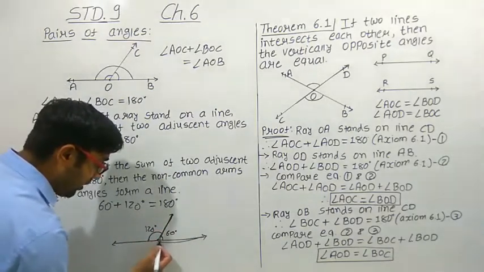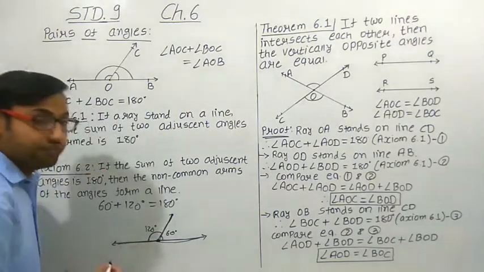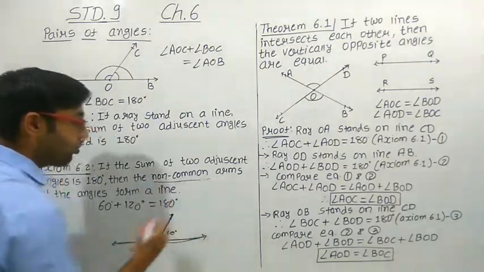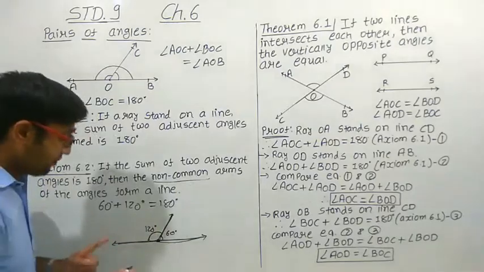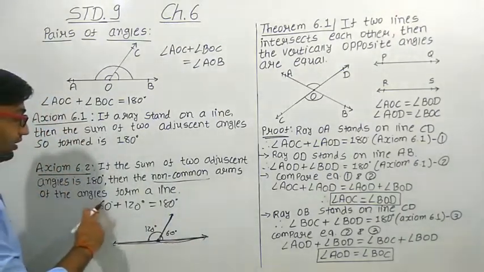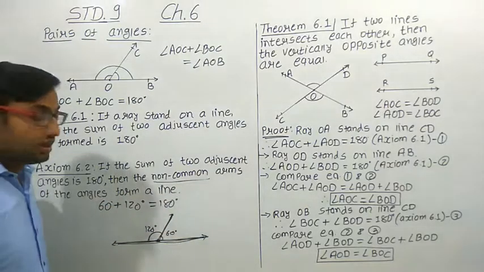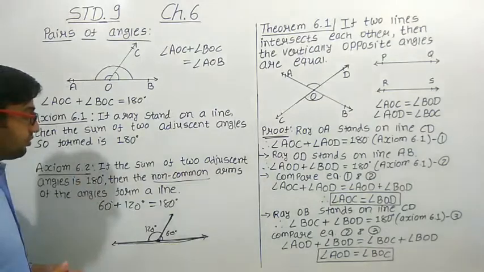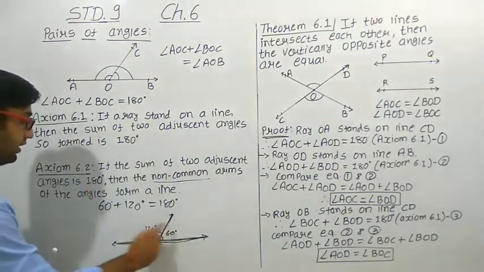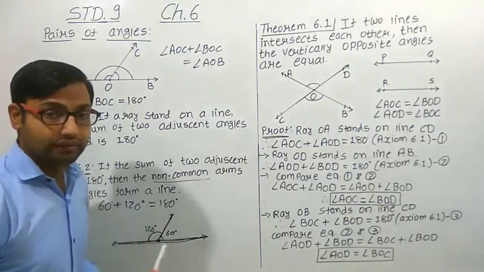So this arm from here to here and this arm from here to here are called the non-common arms of both the angles. And see what they are making: they are forming a line. So this statement is, if the sum of the two adjacent angles is 180 degrees, then the non-common arms of the angles form a line.